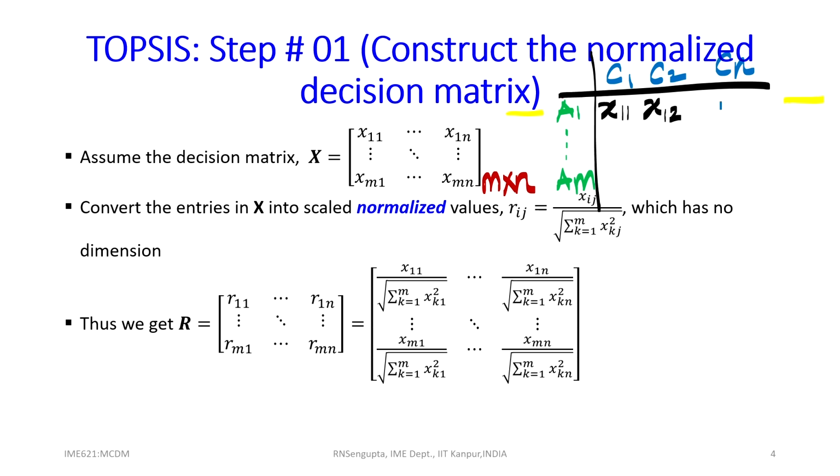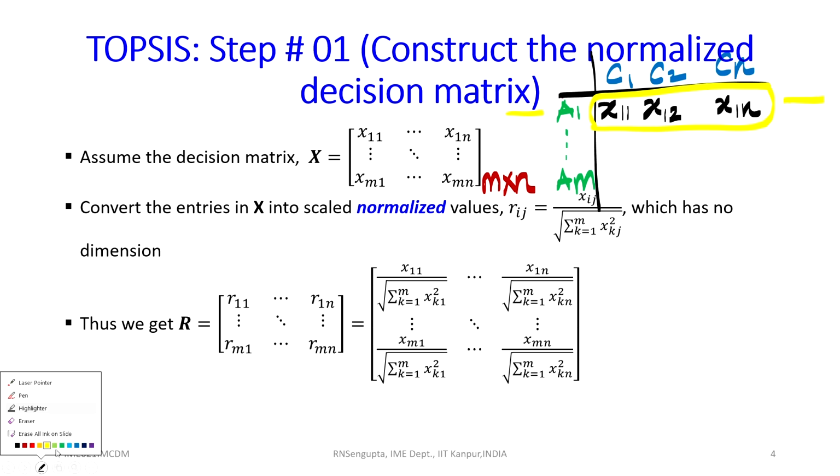Similarly, I go to the last one, which is x1n. Technically, all the scorings for x11 to x1n correspond to the first alternative. If I consider the last row, the corresponding values are xm1, xm2 till the last one, which is xmn.